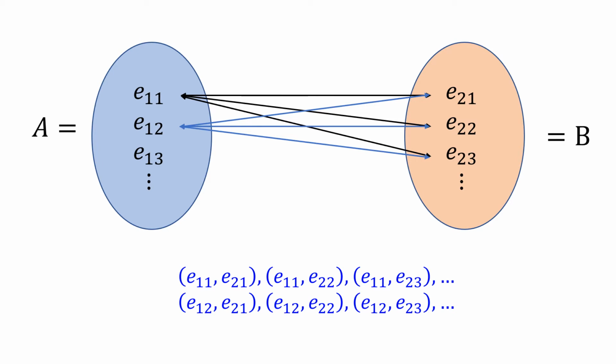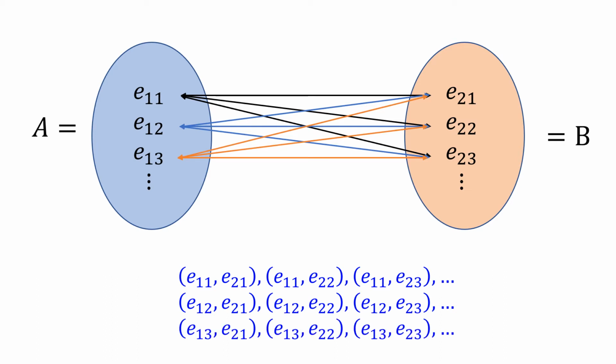The third element is paired to e21, e22 and e23, etc. and we write it as follows: (e13, e21), (e13, e22), (e13, e23). The set of all the ordered pairs in this is called the Cartesian product of A and B, and it is denoted as A cross B.